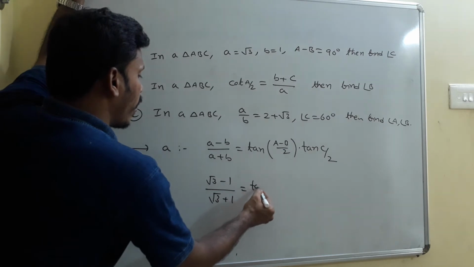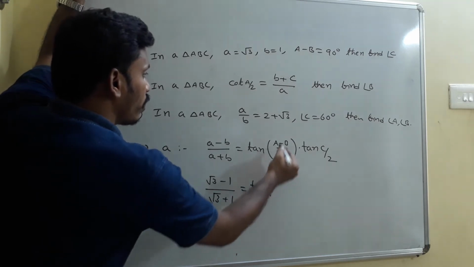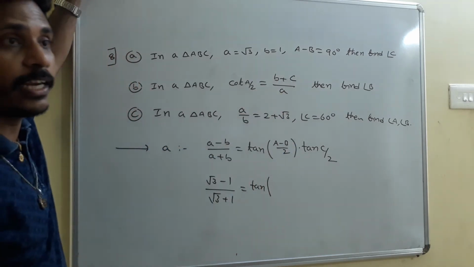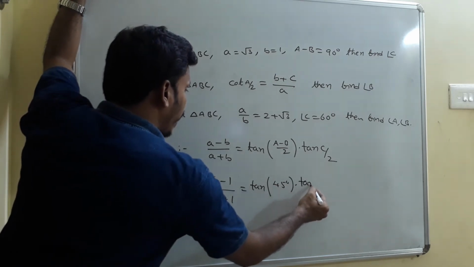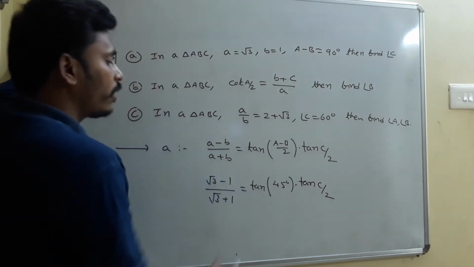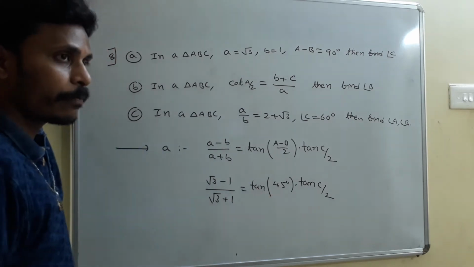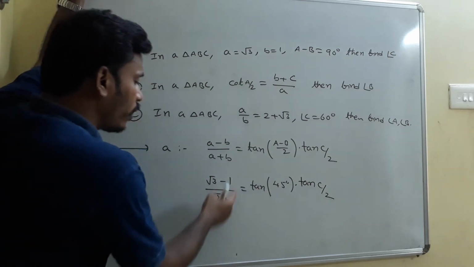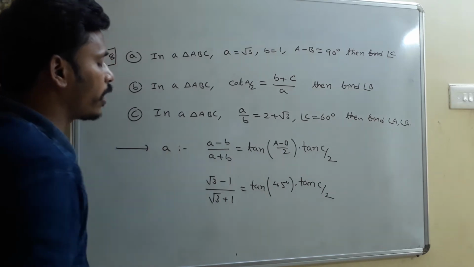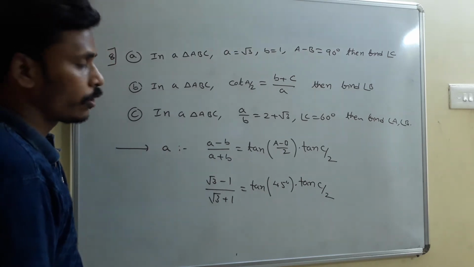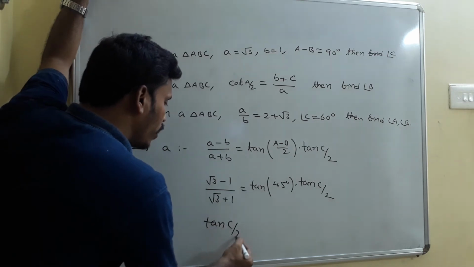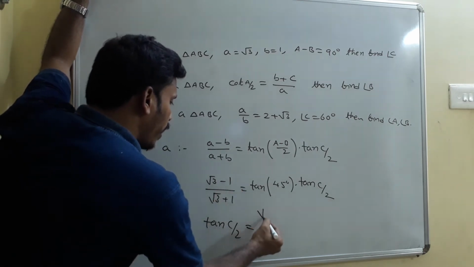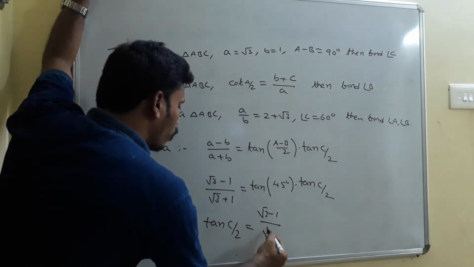This is equal to tan of (a minus b) by 2, which is nothing but a minus b is given as 90, 90 by 2 is 45, into tan c by 2. And this tan 45 degrees is 1, right? So tan 45 degrees is 1, and we need to simplify this root 3 minus 1 by root 3 plus 1. Do you know it? So at the end, tan c by 2 is equal to root 3 minus 1 divided by root 3 plus 1.